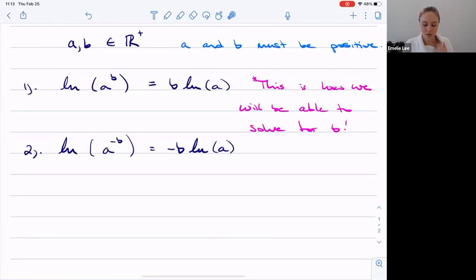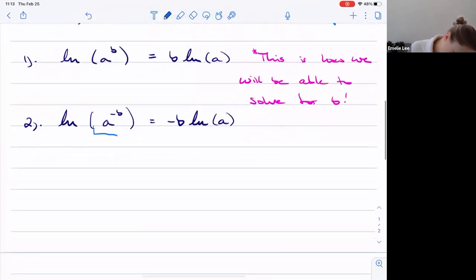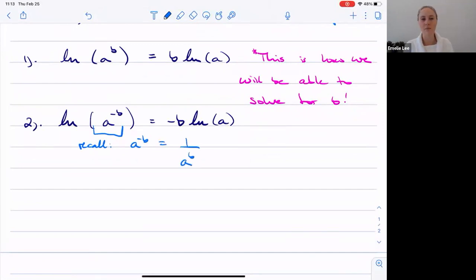So you might have to rewrite it as an exponent. If you have a fraction, you might have to rewrite it as an exponent before you can take the log. So recall, a to the negative b is the same as 1 over a to the power of b. Sometimes you might have to rewrite it as an exponent before you can keep going. Okay.